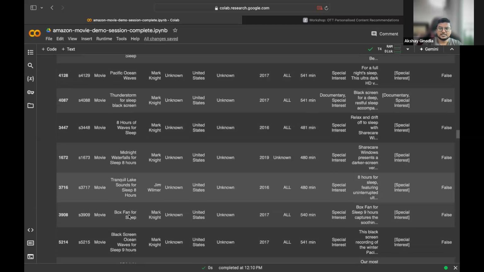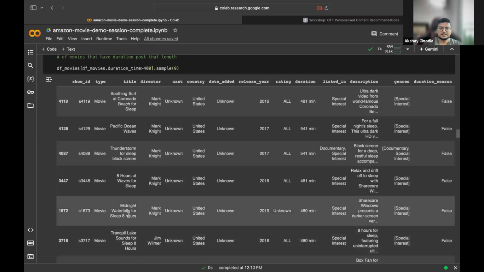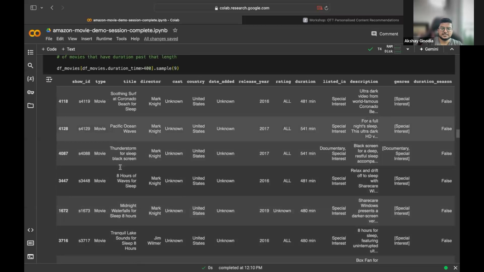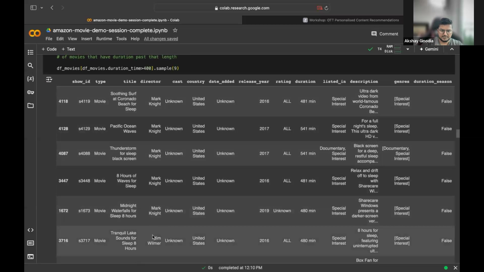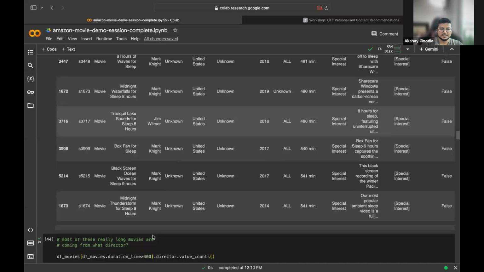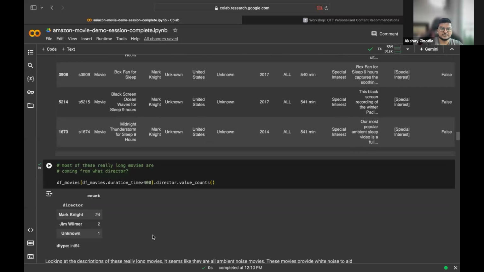So these look like not actually movies, but tracks or movies people play to go to sleep, and obviously that is why they are so big. People would want to sleep for 8 hours at least, and maybe 10 hours also. Those are very specific things, and the director I can see for all of them is Mark Knight, right? So a very interesting thing we figured out in the data set here.